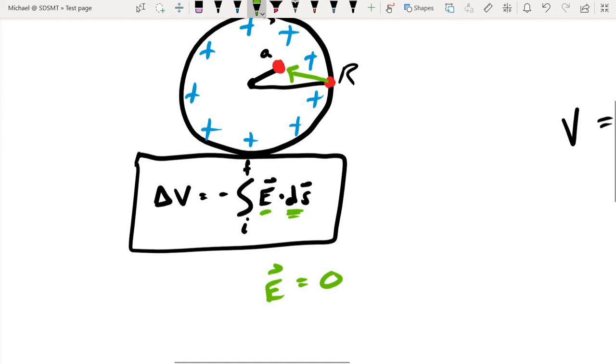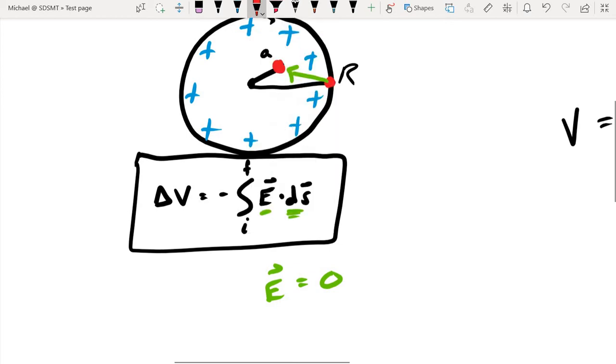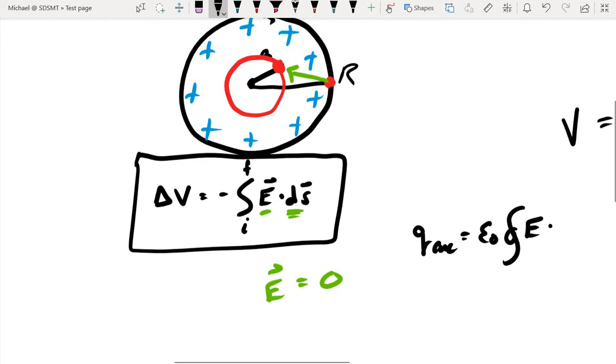And that had to do with all of the electric fields from all of the charges converging and canceling out. We could also use Gauss's law to prove that. If we tried to use Gauss's law at a radius of A, then there would be nothing to enclose in terms of charge. And Gauss's law said you had to have some enclosed charge so that you could relate that to the electric flux. Well, there's no charge to be enclosed, which means there is no electric field.